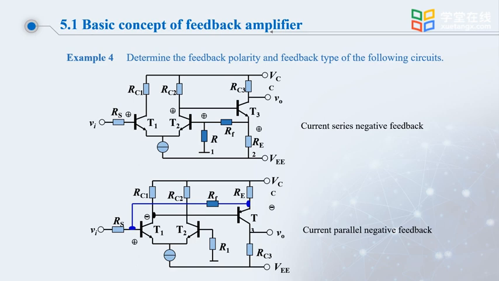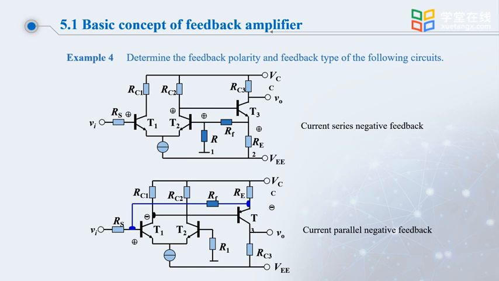Is it positive or negative? We care about this instantaneous polarity method. That is, give an instantaneous positive at the base of this T1 tube. So how does the signal go? First, at the collector of the T1 tube, it becomes instantaneous negative. We have a differential amplifier, so the side of the T2 tube is opposite.